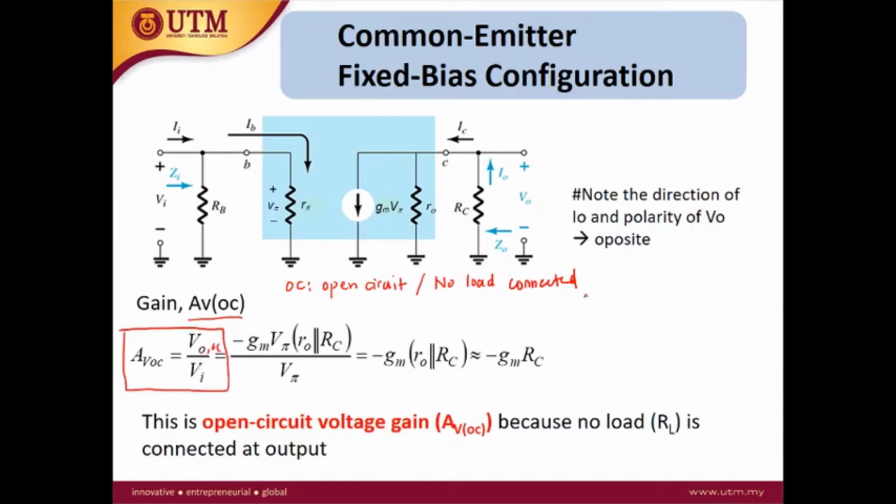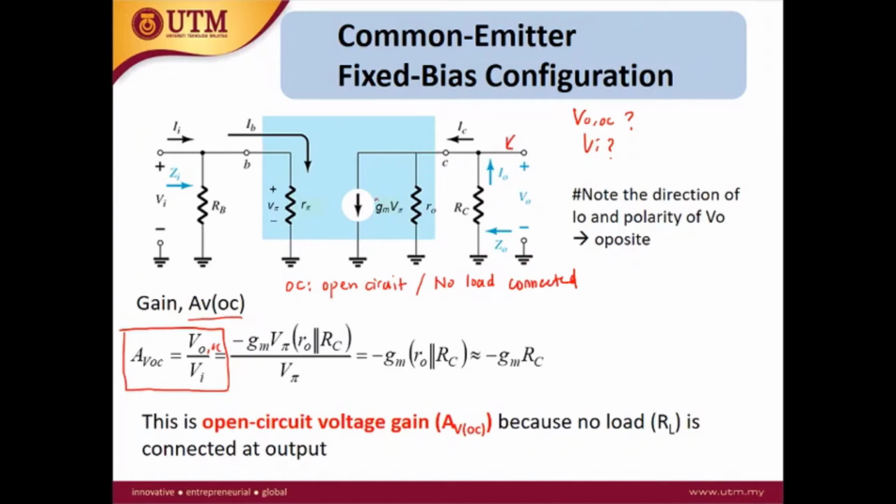What you need to do is derive the equation for VOOC, and then derive the equation for VI. After you have these two equations, you can insert them into this equation and get the answer. For example, the VOOC here is the voltage from this point with respect to the ground.